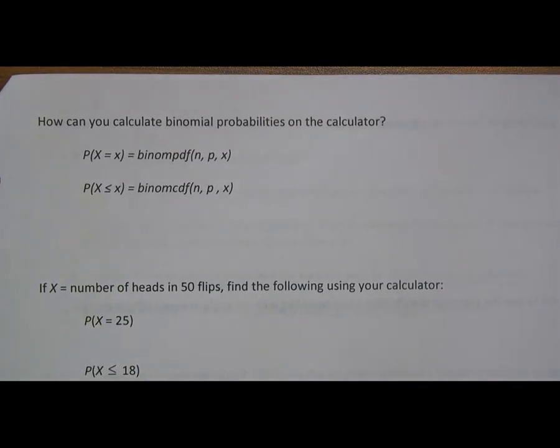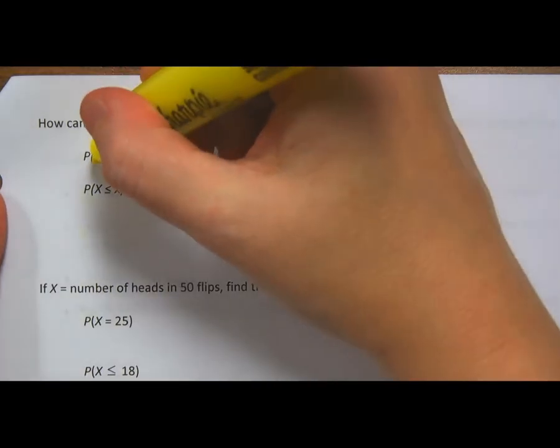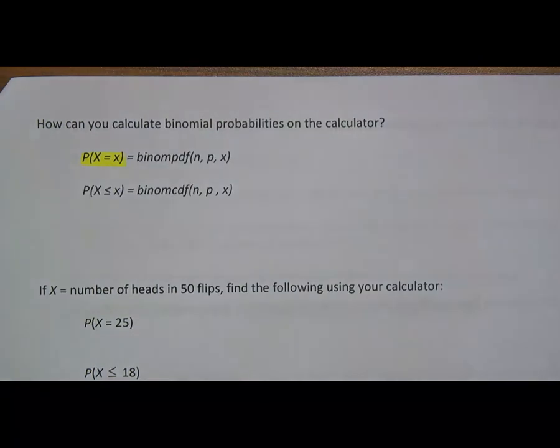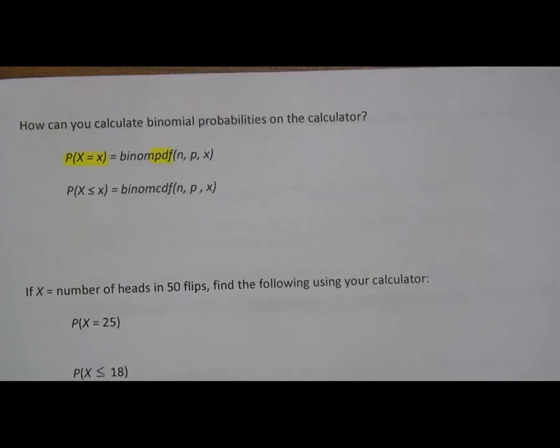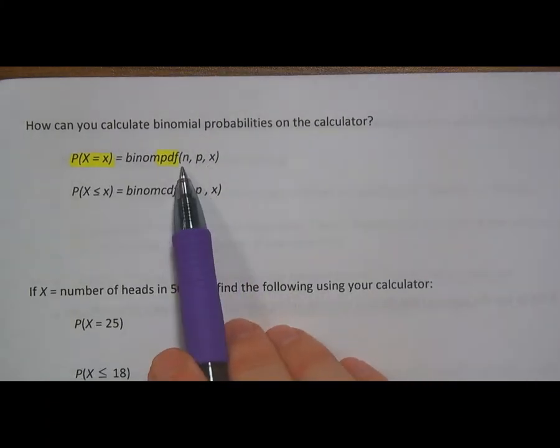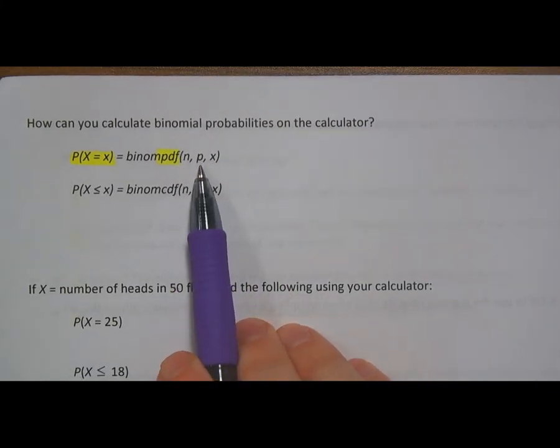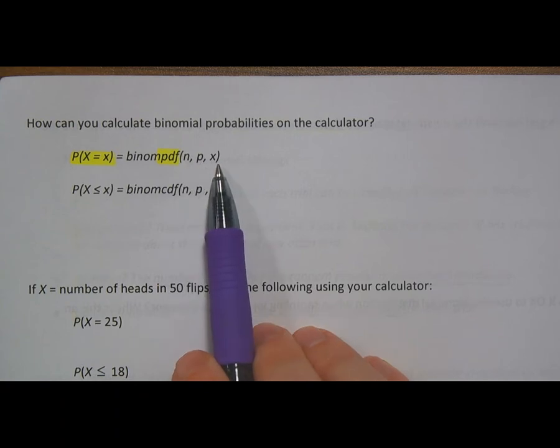How do you calculate binomial probabilities in the calculator? If you're dealing with a situation where it says something like exactly 4 spins, you know it's an equals setting, so you're going to use binomial PDF. Then you'll type in, remember what these stand for, the number of trials, the probability of success, and how many successes you want.